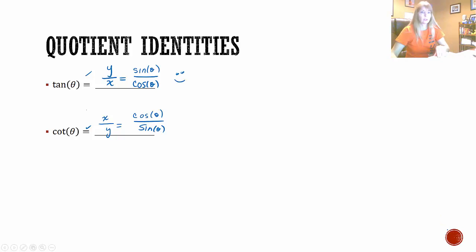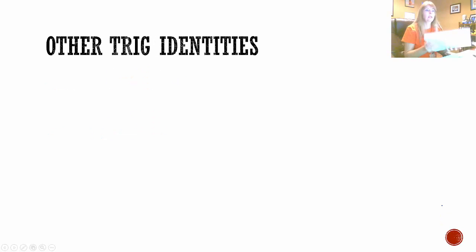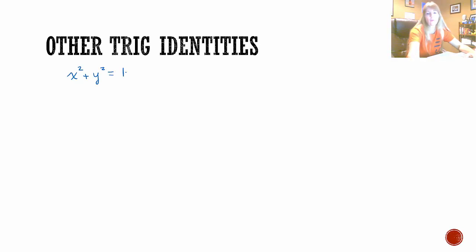So some other trig identities. If I have the equation of the unit circle, which is x squared plus y squared equals 1. All right, that's the equation of the unit circle. Or I could turn these around and say y squared plus x squared equals 1. That's not changing anything.